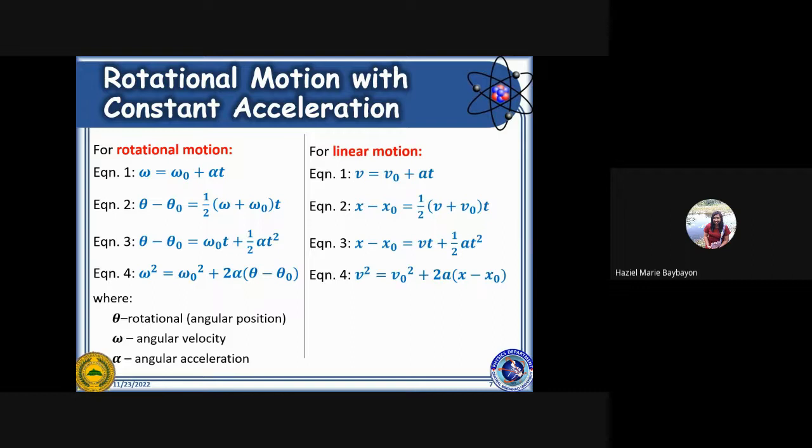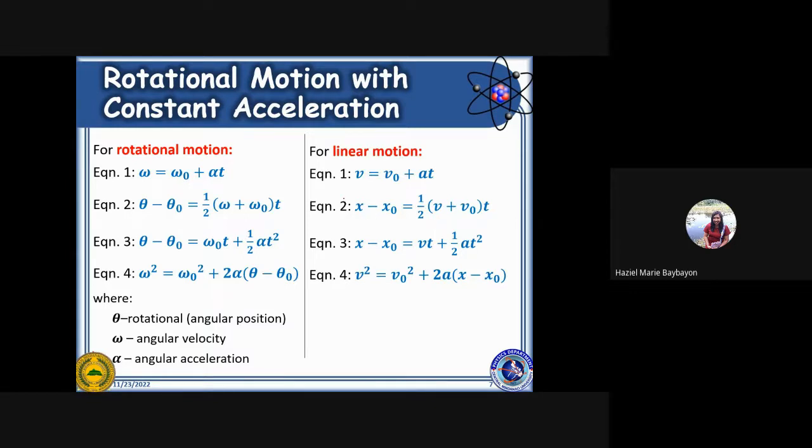So, let us compare this to the linear motion class, rectilinear motion, for example. So, as you can see, pareha ra sila form, except that kini si V, giilisan na to og omega, si X or pwede pod Y atong gamiton diri no? Kung along the Y-axis ang motion.